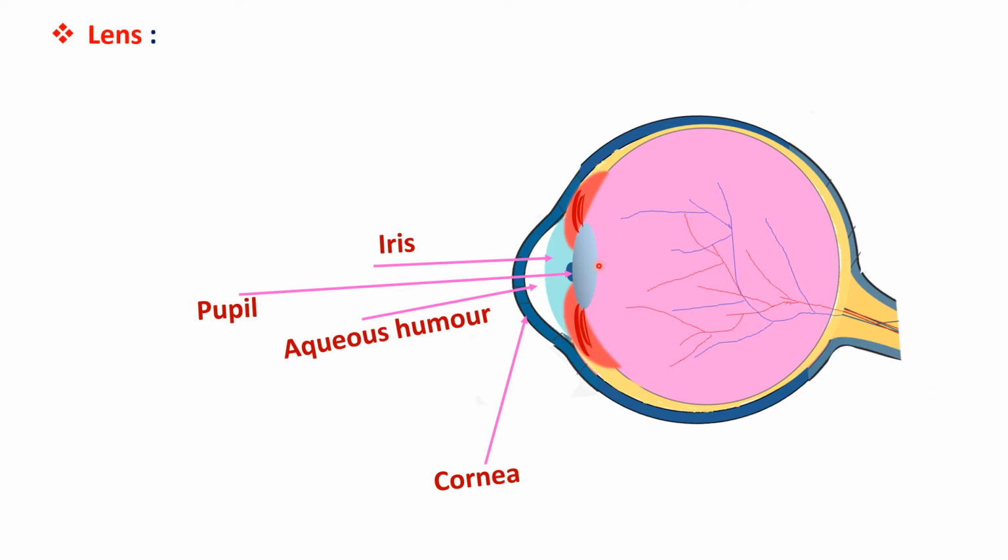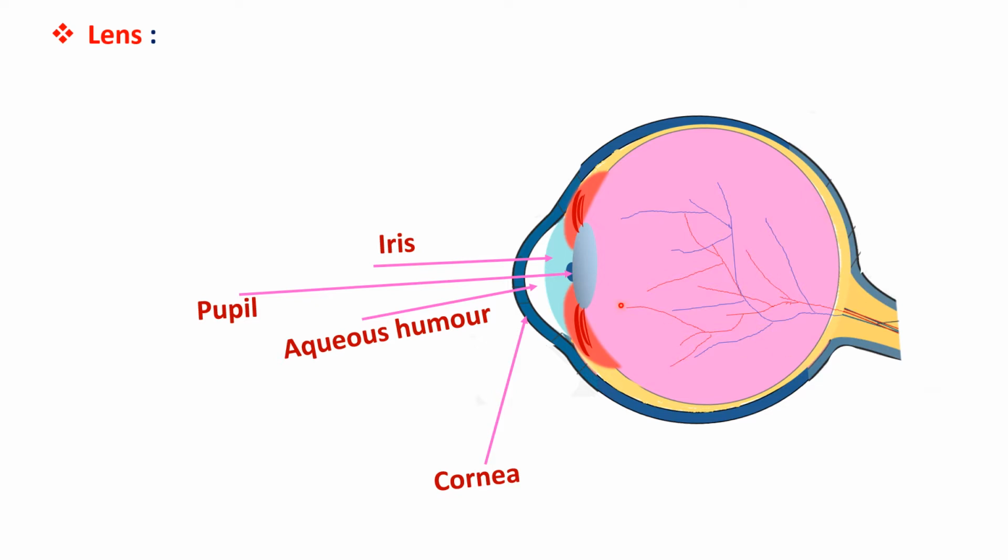It has the prime importance in the operation of the entire eye. It will refract the light falling on it and form the image on the retina. Here is the retina. You will learn later what is retina.